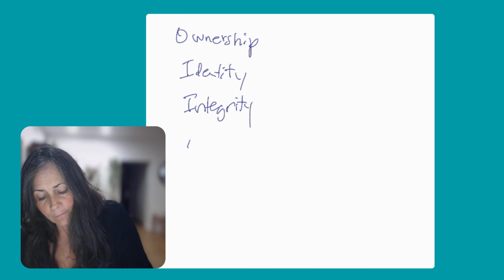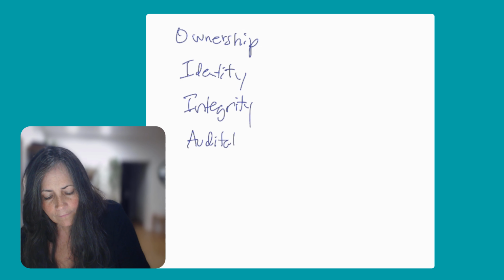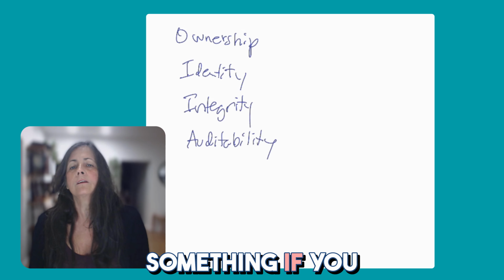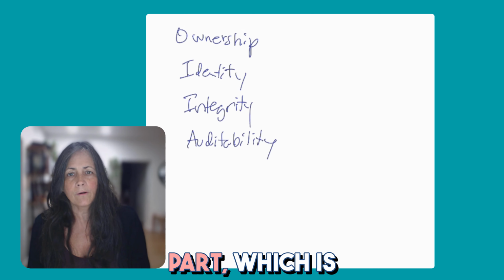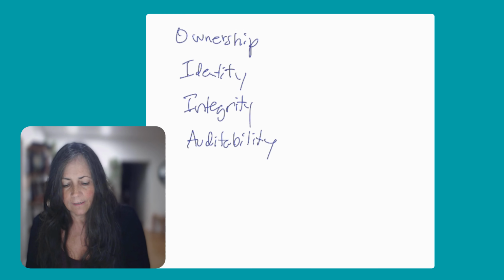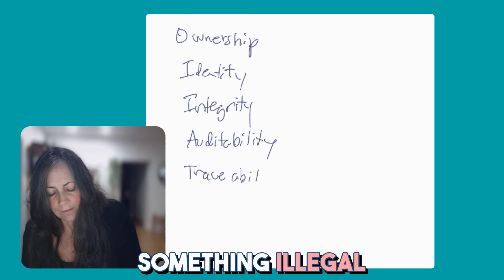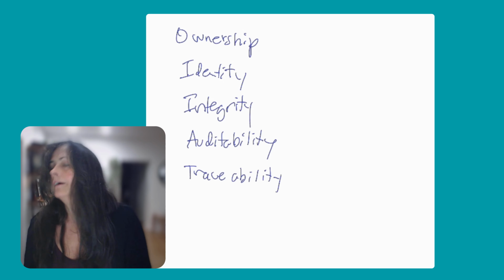So auditability, you can't audit something if you don't have the most important part, which is the signature. Traceability. Say somebody did something illegal on Bitcoin.